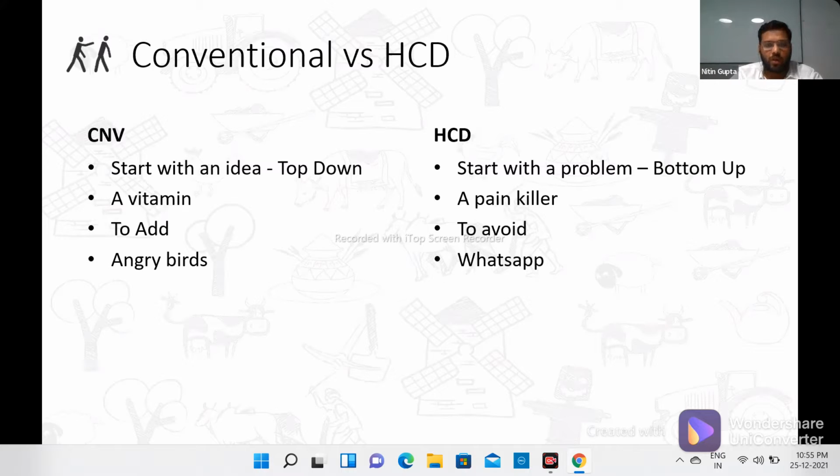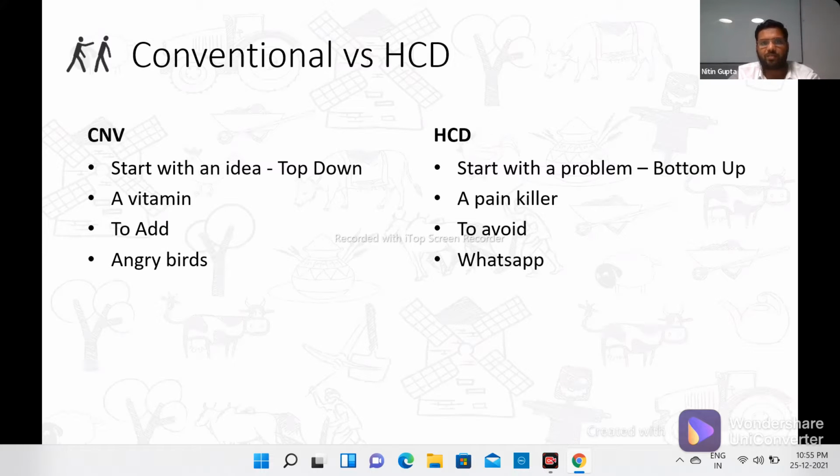So your whole domain in which you can work increases. If you do not have a skill, you can hire those skills. So your horizon increases a lot, and you have a much larger exposure. This is the basic difference. In conventional thinking, when we come out with a product, it is generally a vitamin.